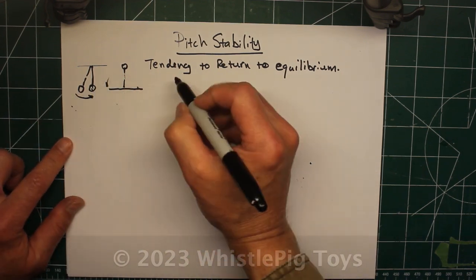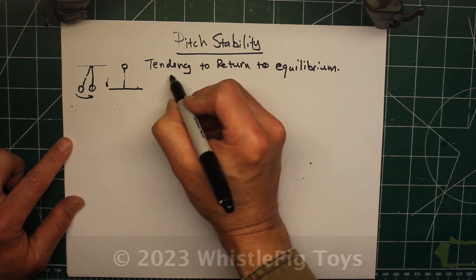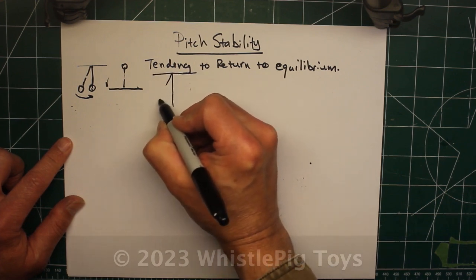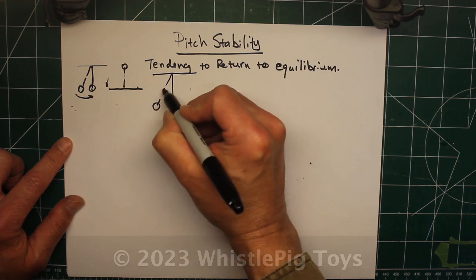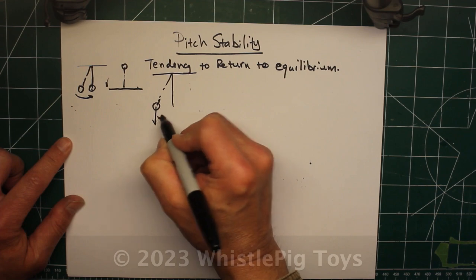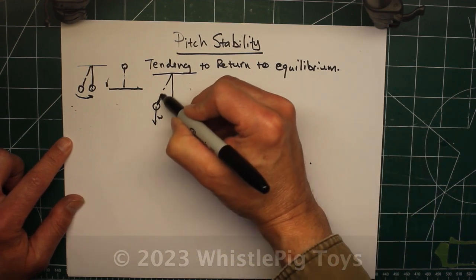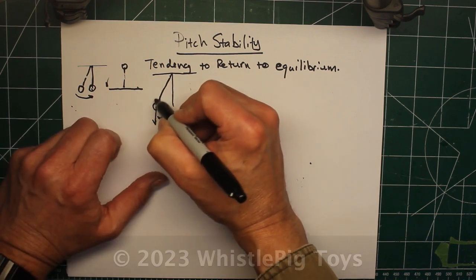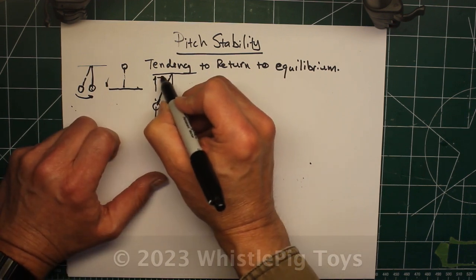Well, when the pendulum is hanging, I'll draw a little bit bigger, off to one side, its weight is pulling down this way, but the rod, which is supporting it, is pulling up and sideways.